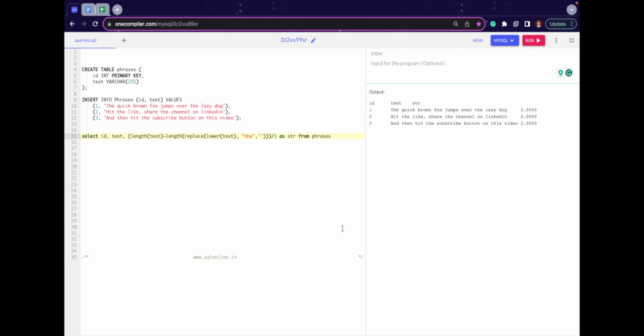So right now it's taking into consideration both occurrences of the word "the", like 2 here, 2 here, and it still says 2 in the last one. So how do we work on this? I have an idea.